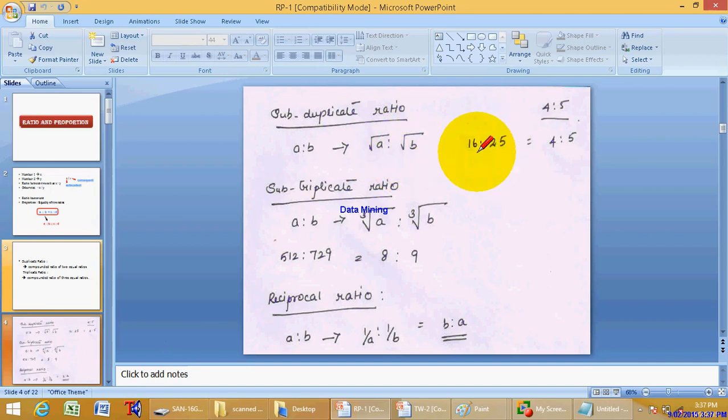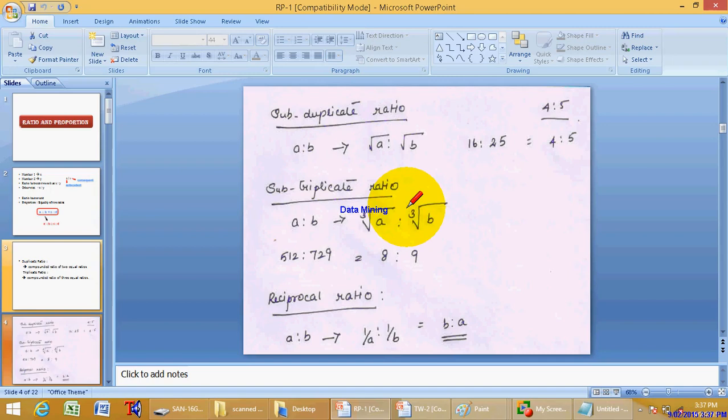If A is to B, that is 16 is to 25, is the given ratio, they'll ask you to find the sub-duplicate ratio of 16 is to 25, which is nothing but taking the square root of 16 as well as the square root of 25. The square root of 16 is 4 and the square root of 25 is 5. So 4 is to 5 is the sub-duplicate ratio of 16 is to 25.